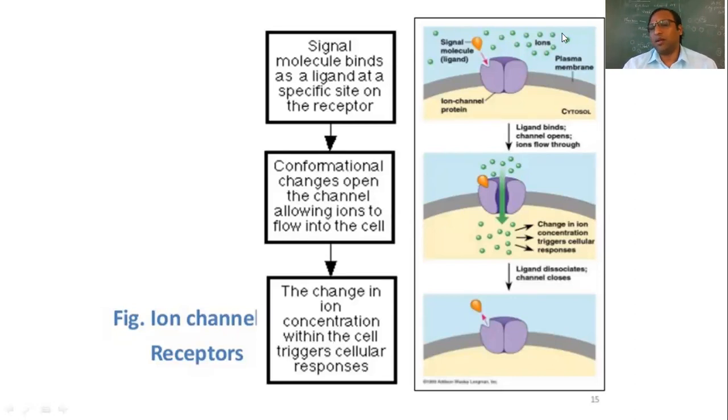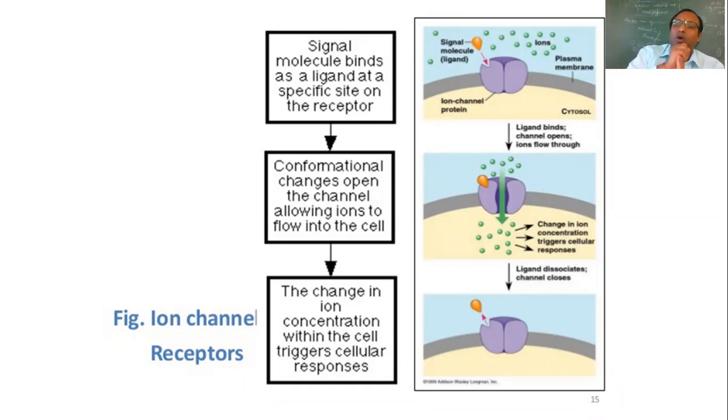Here, the signal molecule, the ligand, comes and binds on the receptor. Once it binds, the signal is passed on to the plasma membrane and the receptor that the channel has to be opened. The ion channel opens because there are so many ions outside, the potassium or sodium ion.